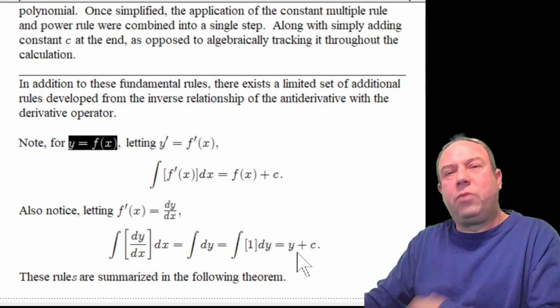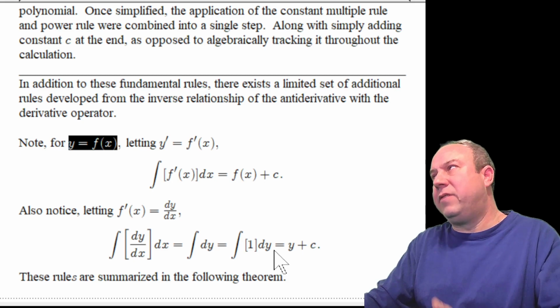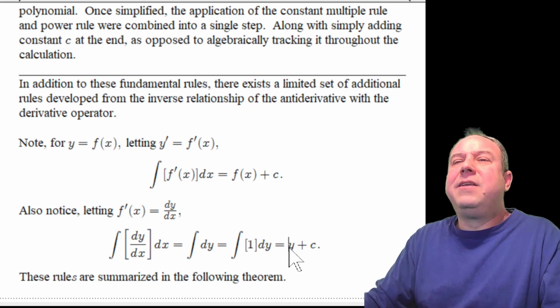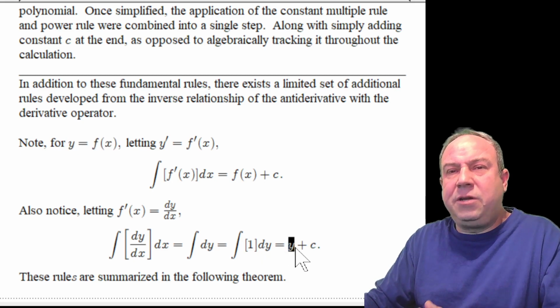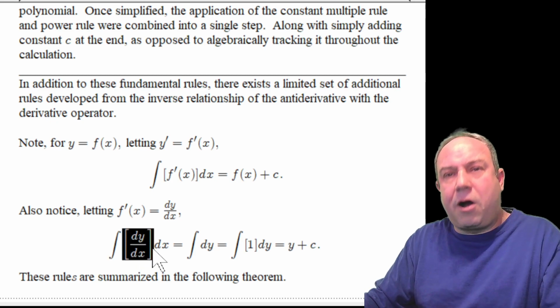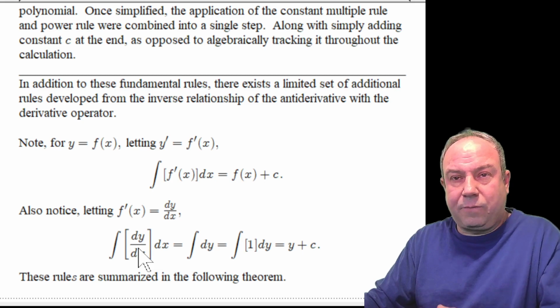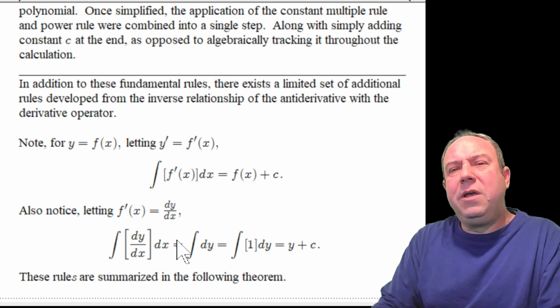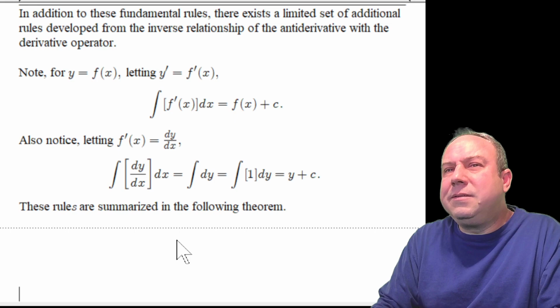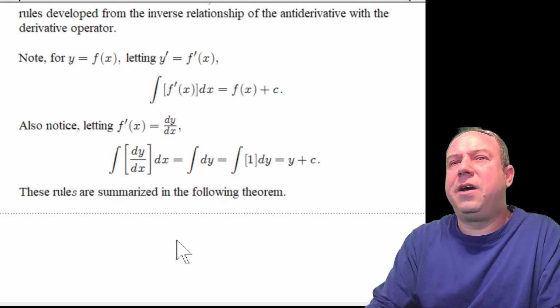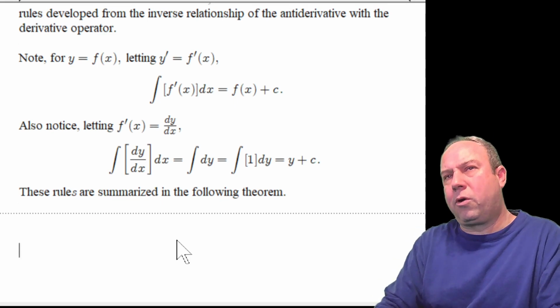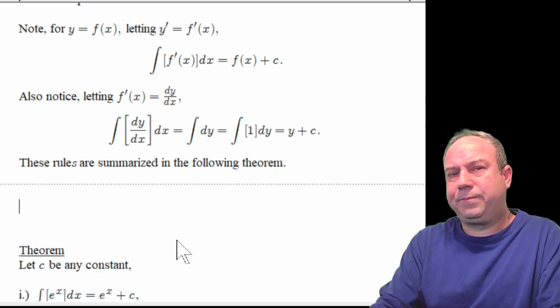When we apply this antiderivative operator to a derivative, the result will always be a function whose derivative was the argument of the antiderivative operator. So these ideas are used in our support for the following rules.